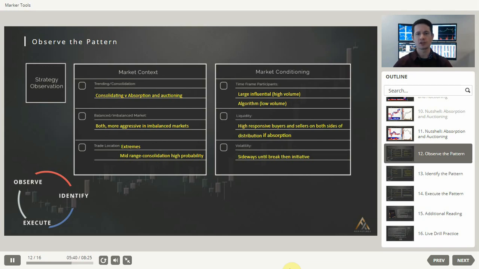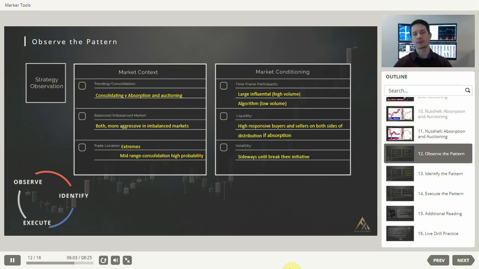Obviously do bear in mind we do get the absorption auctioning occurring mid-range sometimes. However, by the very nature of it being mid-range, the market tends to be quite well balanced. Therefore, it's imperative to note the volumes trading through, as you could well be observing a consolidation period rather than absorption and auctioning. So do just bear that in mind.